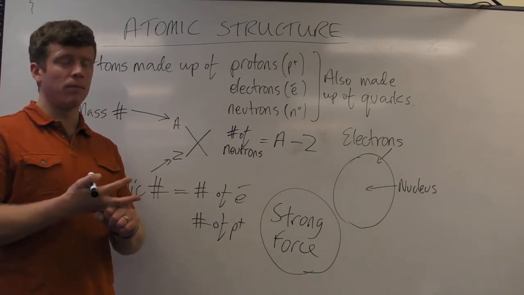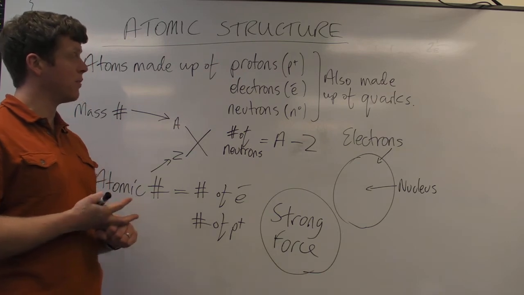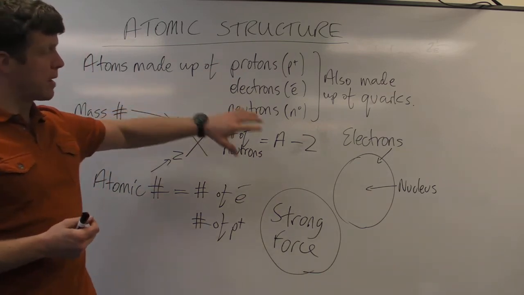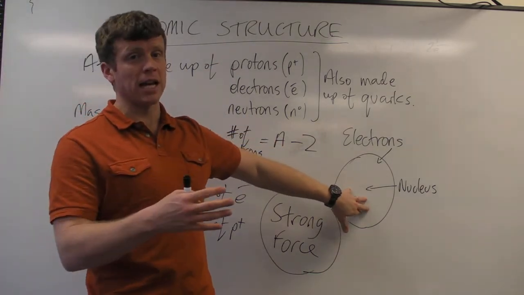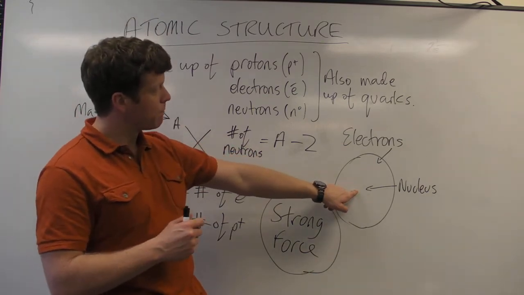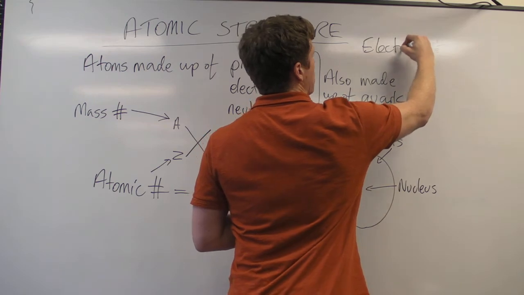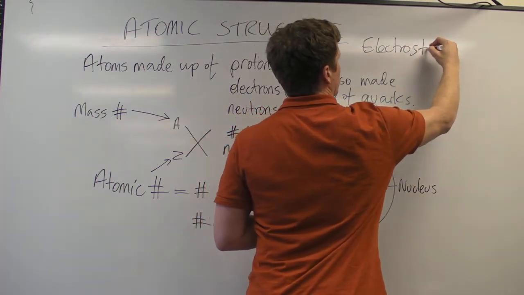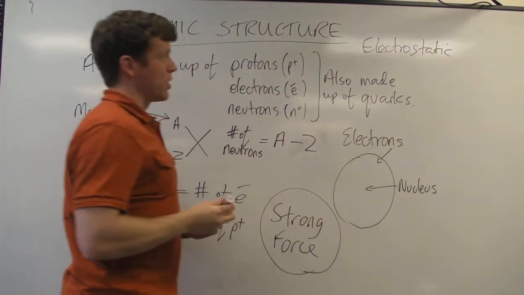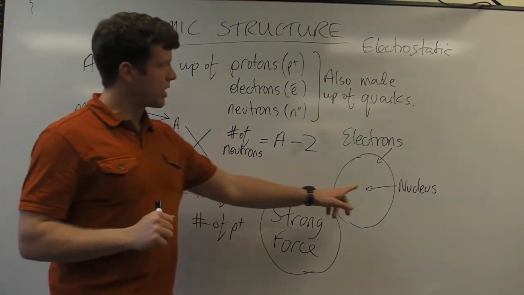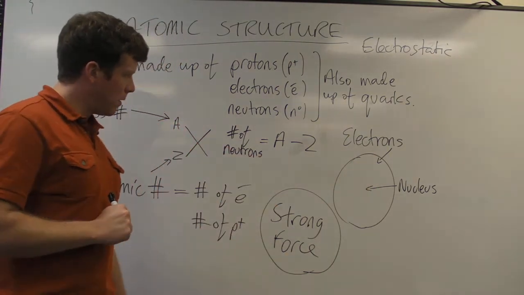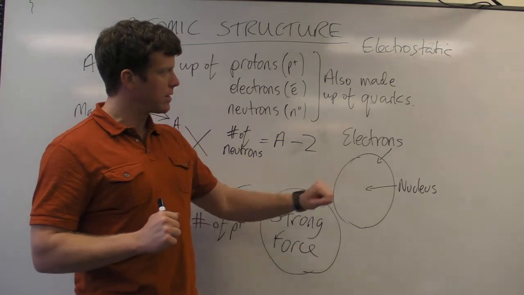Electrostatic force is the attraction between negative and positive. The electrostatic force is basically what helps keep the overall atom together, the attraction between negative electrons and positive protons. The strong force helps keep the nucleus together.